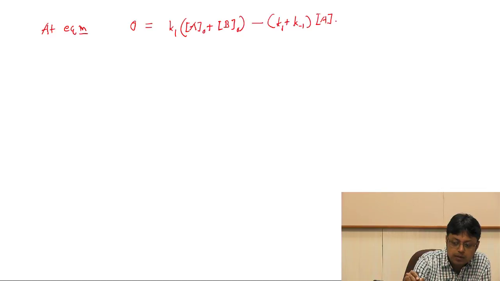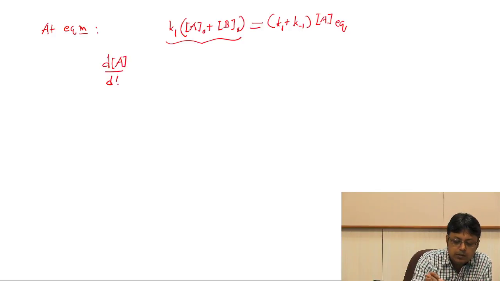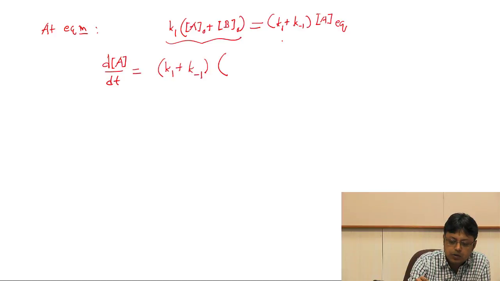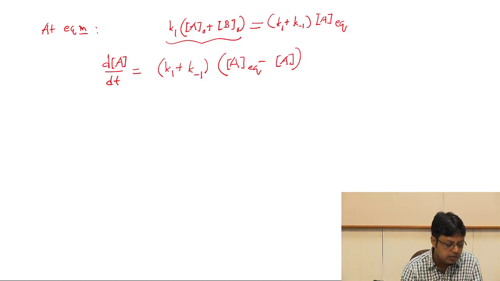So this constant term we can just see from here directly is this. So we can rewrite the equation for dA dt. The first term was this constant term, but instead of that I'll write it as K1 plus K minus 1 times A equilibrium, and the second term, remember, was K1 plus K minus 1 into A. So together we can write it as K1 plus K minus 1 into A equilibrium minus A. So that's a much simpler version of this rate.